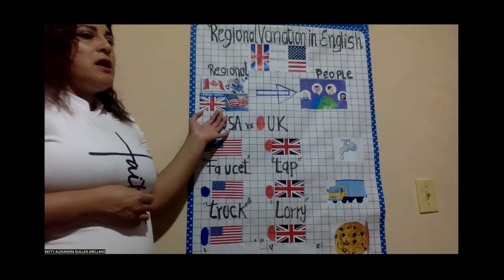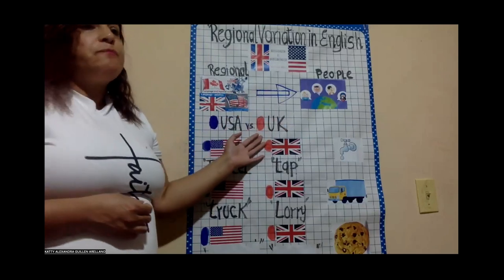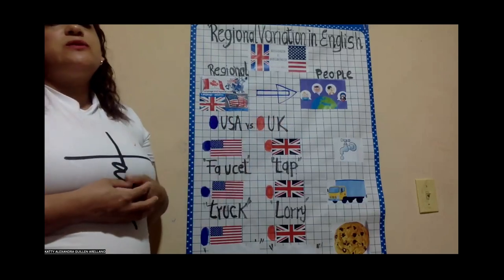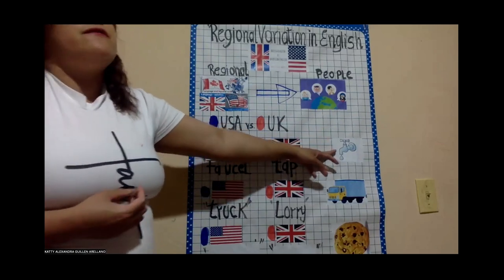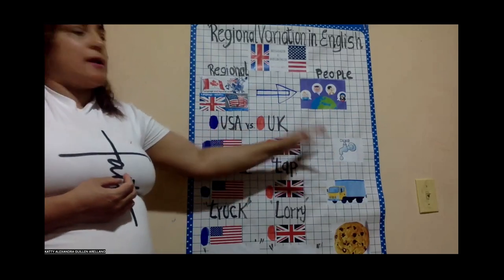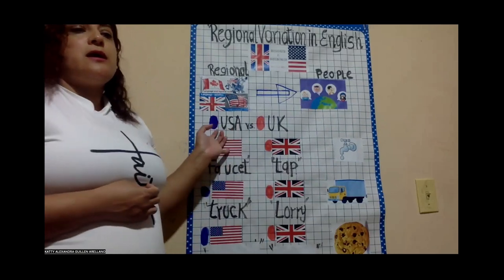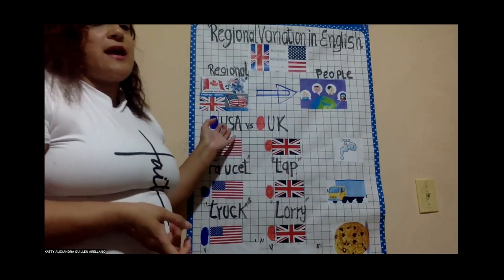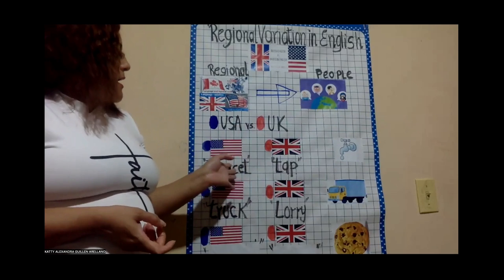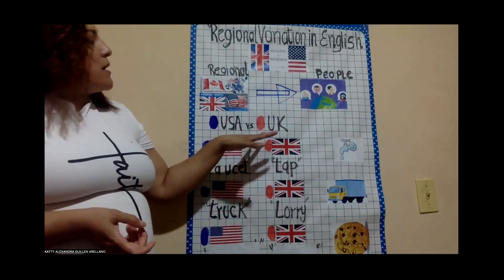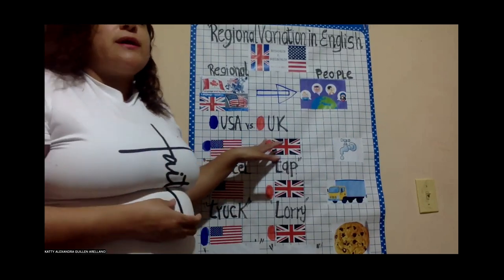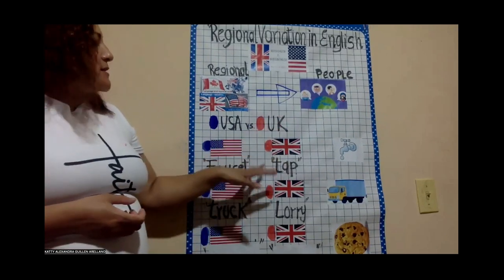Example: a classroom activity asks a student, what do you call the thing you drink water from in the kitchen? A student from the USA may say faucet, but a student from the UK may say tap.